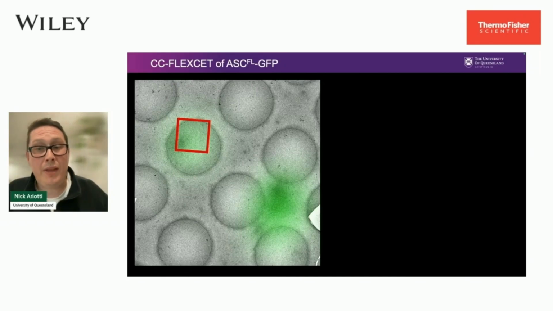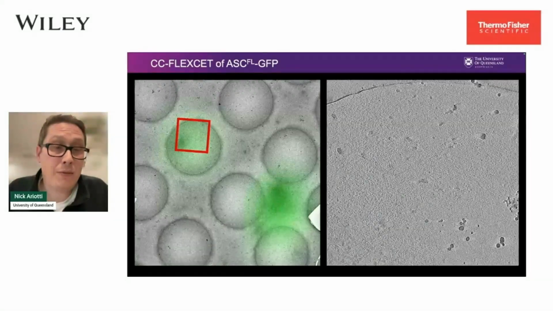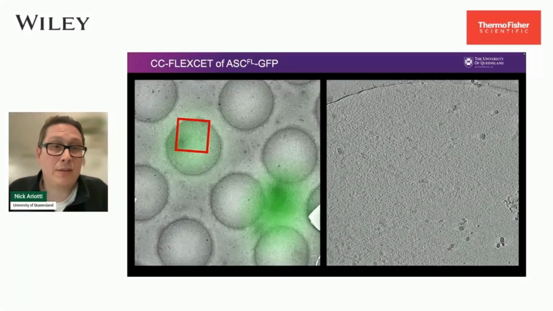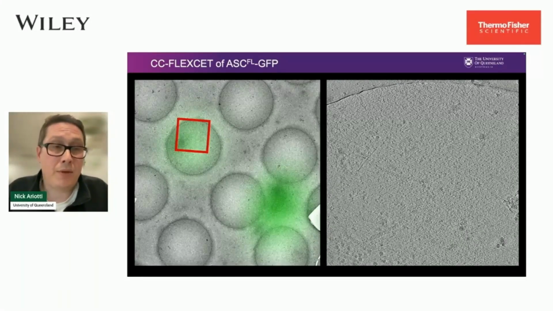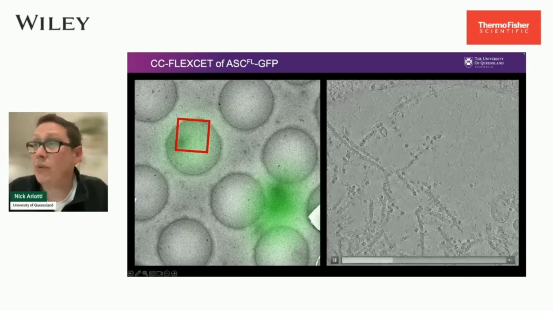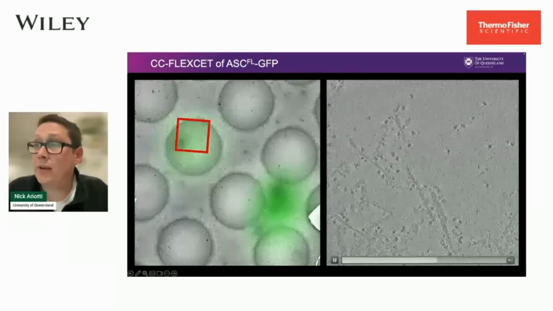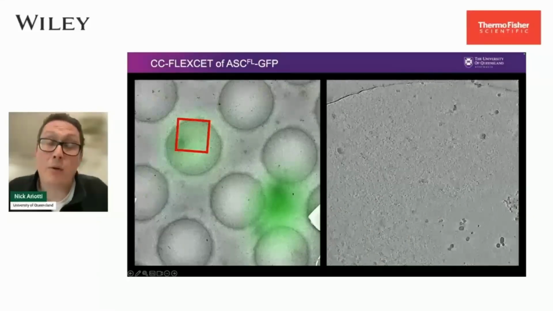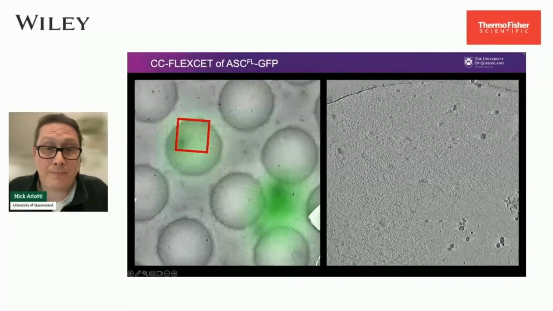And then from there, we can look at these areas with high GFP fluorescence. And from our cryotomograms, after reconstructing these tilt series, I hope you can see that we have abundant filaments all through this particular area of ice, which corresponds to our GFP, our ASC full-length GFP.